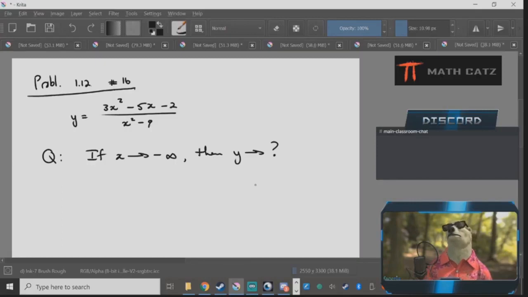Same problem set. It's just now it's a different kind of function, and potentially the way I handle that is different. This time it's a rational function, but they're made up of polynomials. So I can answer this question if I look at how the numerator behaves and how the denominator behaves separately, and then maybe that'll give me some insight.